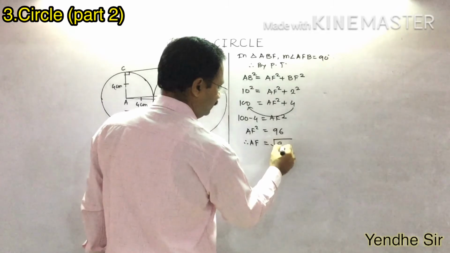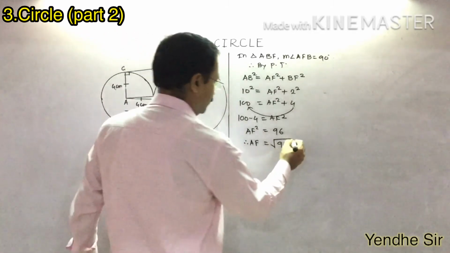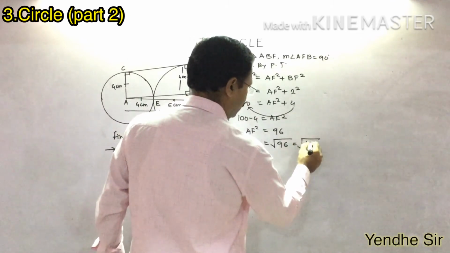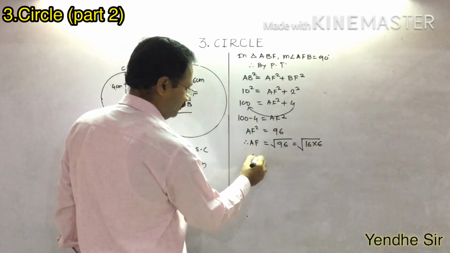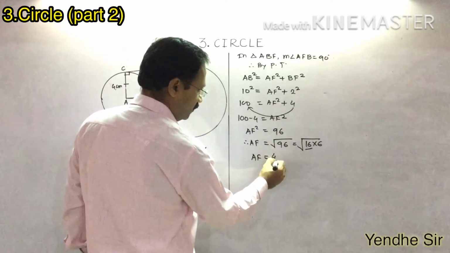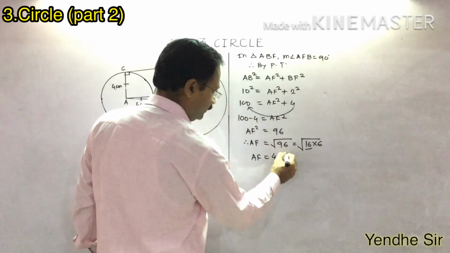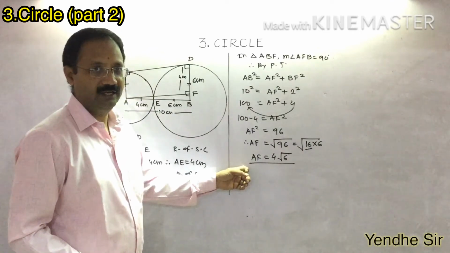But 96 is not the perfect square. So you have to write it in root. Okay. So 16 6s are 96. So root of 16 is 4, so 4 under root 6. So this is your answer for the AF.